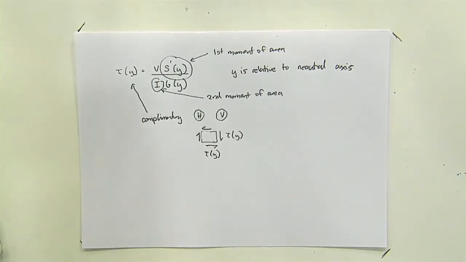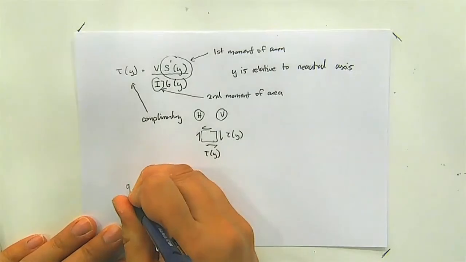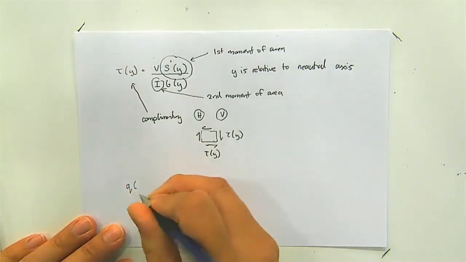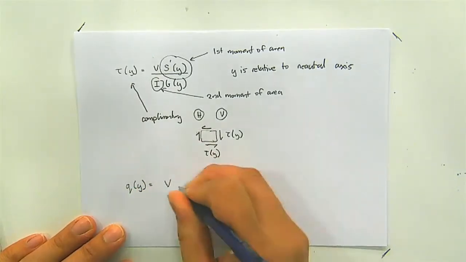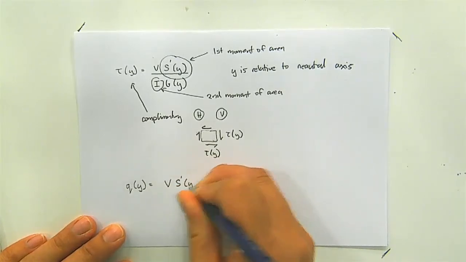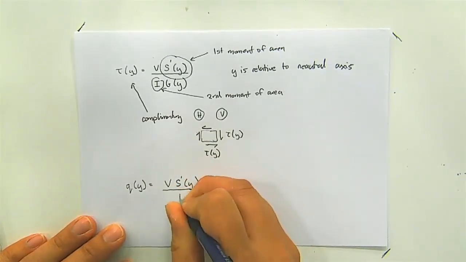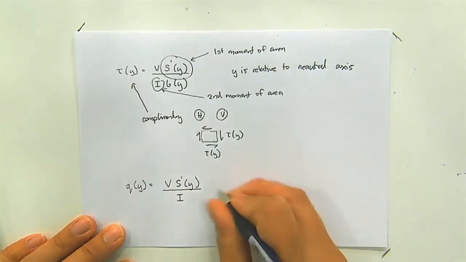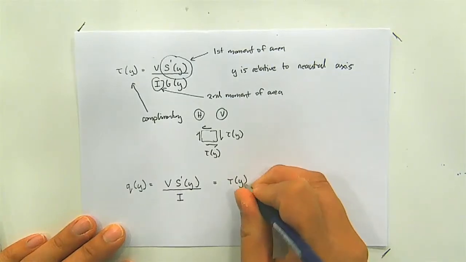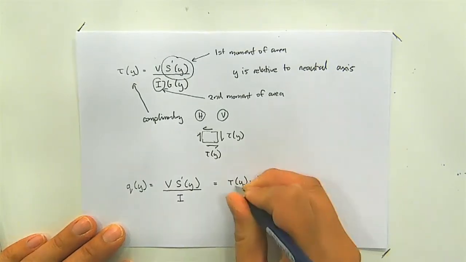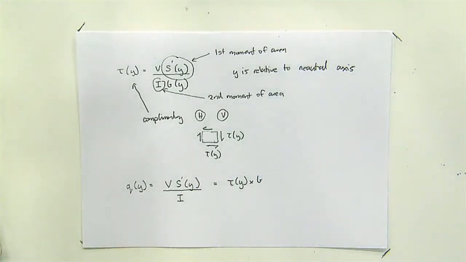We've now got a slightly different concept, and this concept is in terms of q. So q, also as a function of y, is exactly the same: V s dash y divided by I. So we can see that q is also equal to tau as a function of y multiplied by the breadth of whatever portion we're after.